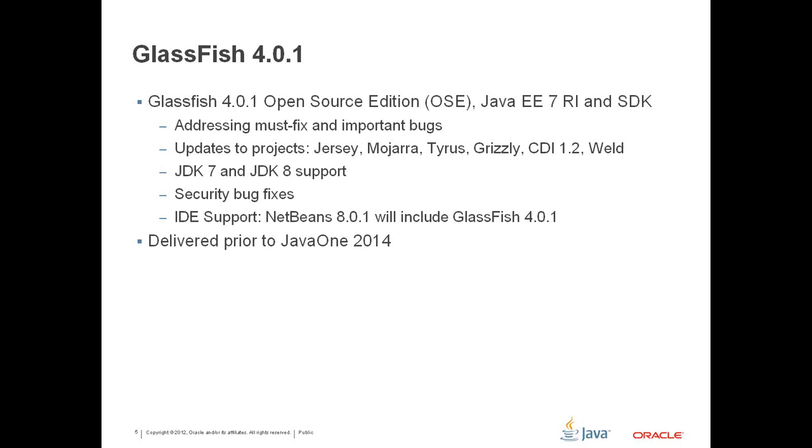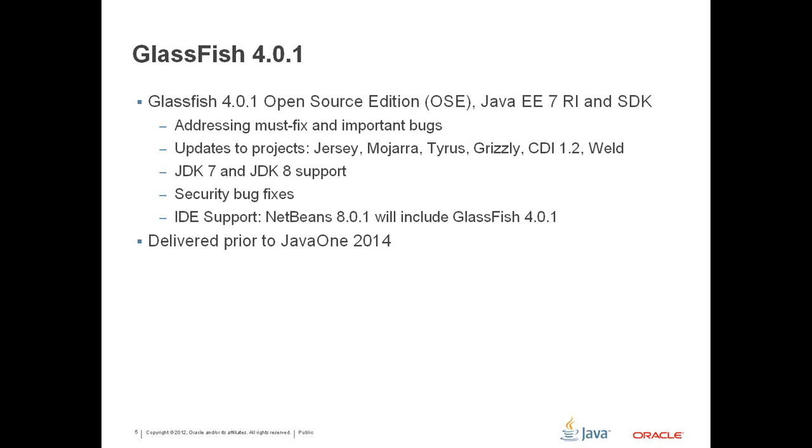There's going to be, again, security type bug fixes. So if somebody is using GlassFish seriously, we don't want them to have security vulnerabilities. We want to make sure that doesn't occur. So we will be focusing on security bug fixes as a distinct focus in addition to fixing the important functional bugs, if you will.